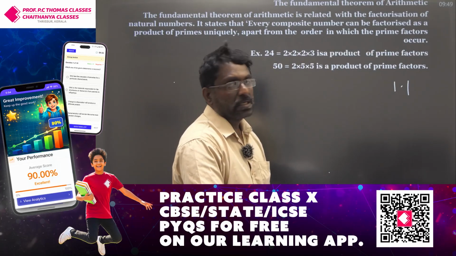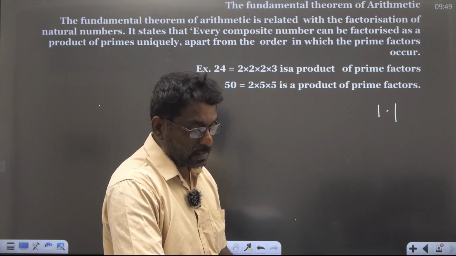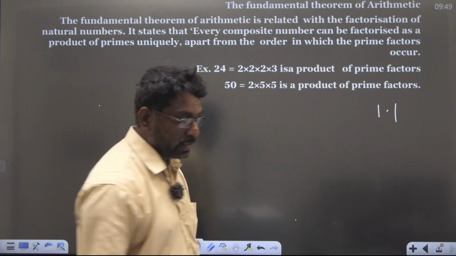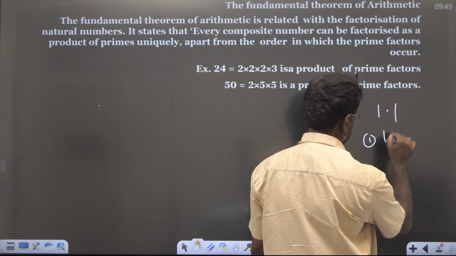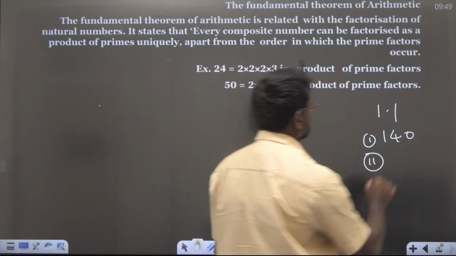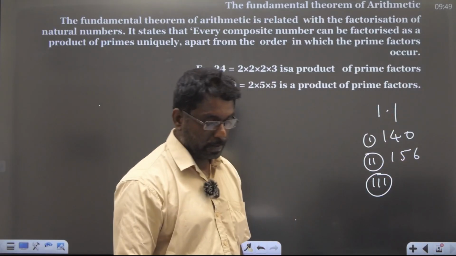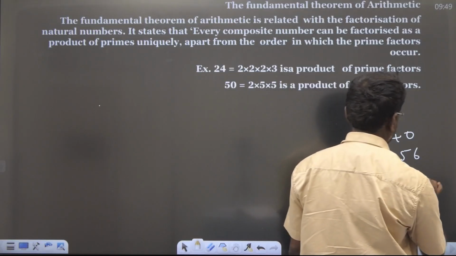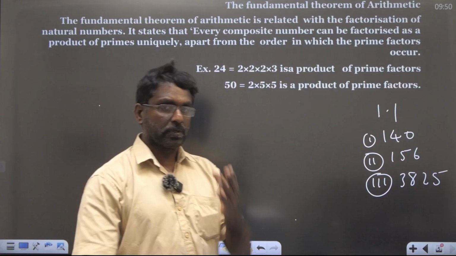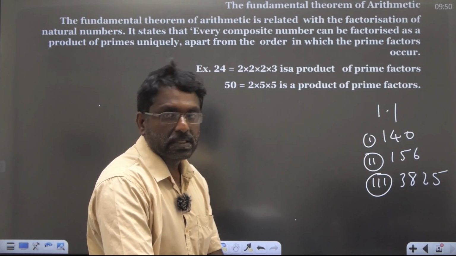Express each number as a product of prime factors. First question, 140. Second question, 156. Third question, 3825. We can try these 3 questions. Similar questions are again in your books. You can practice them, no problem.